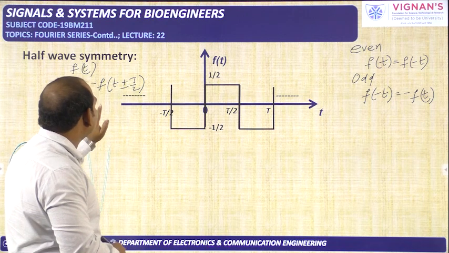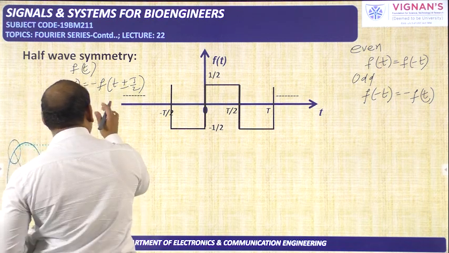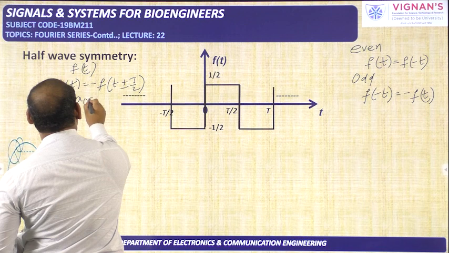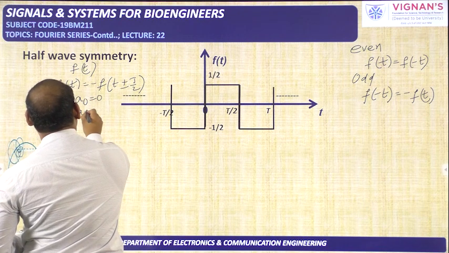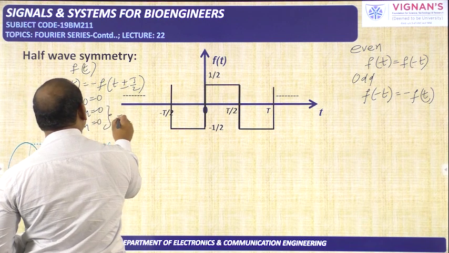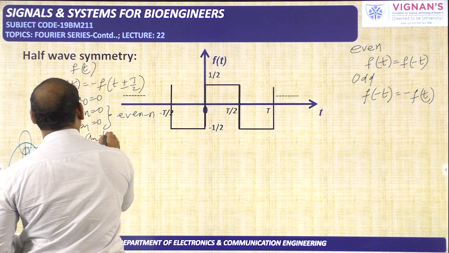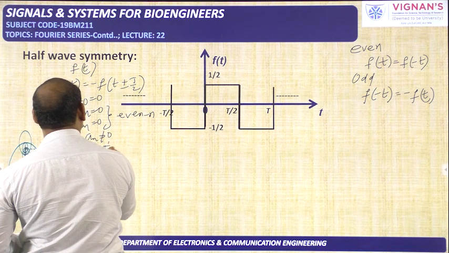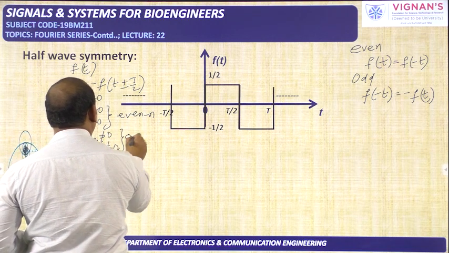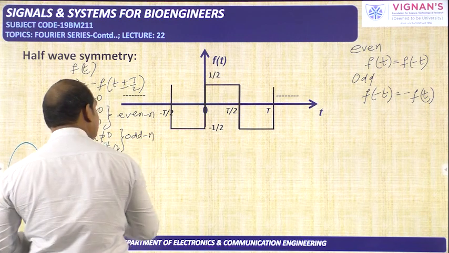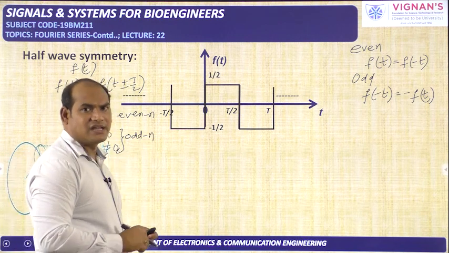Whenever a signal has half wave symmetry, its DC term is equal to 0, A n is equal to 0 and B n is equal to 0 for even n values, and A n is not equal to 0 and B n is not equal to 0 for odd n values. That means only odd harmonics will be available.